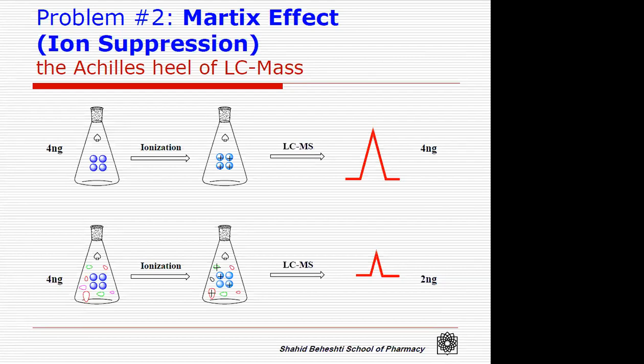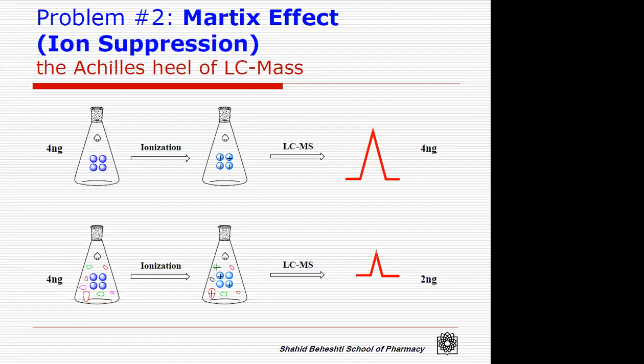The way that we usually ionize a compound is by using an acidic pH to provide proton, H positive, in the mixture. So they would ionize our samples, our targets.